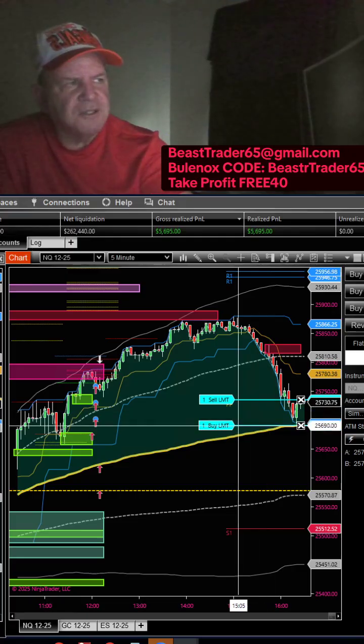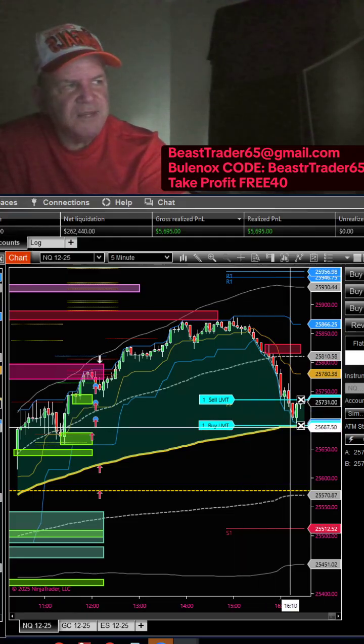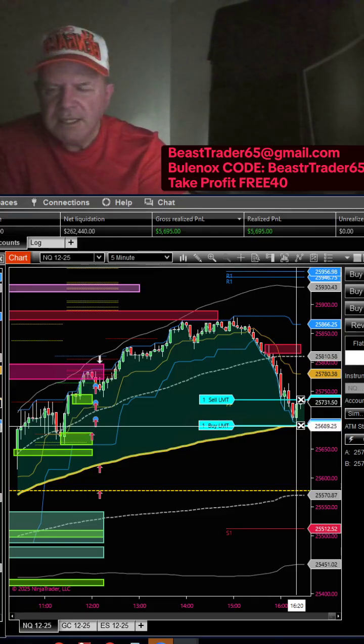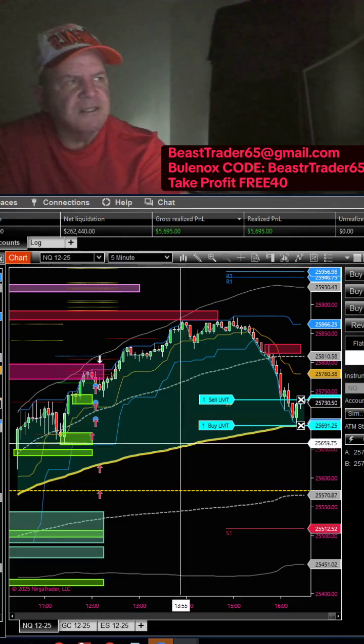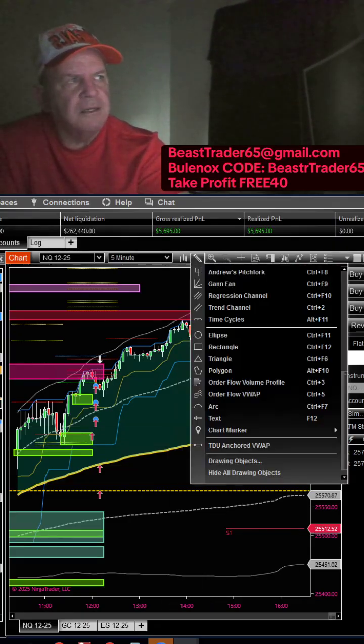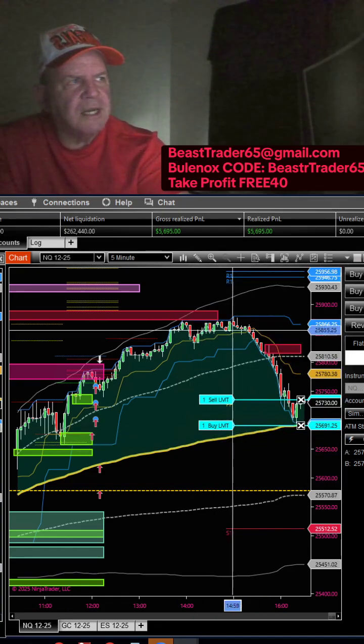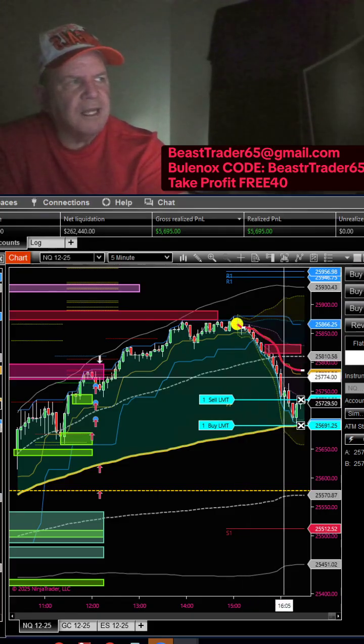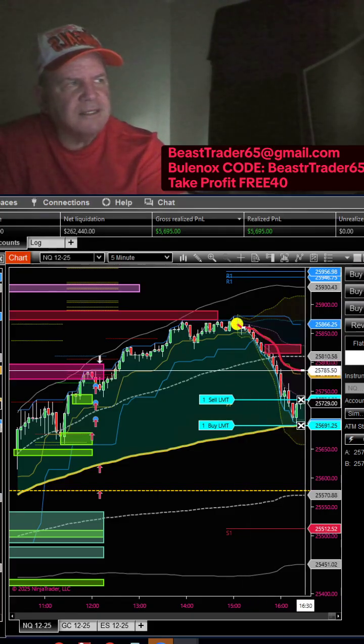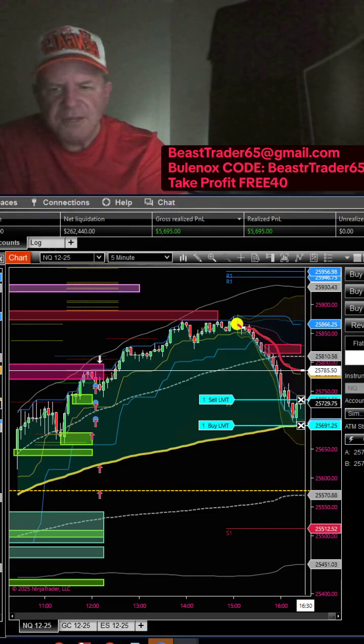The reason I took this, Ari, is this is my VWAP. VWAP is the volume weighted average price of the market for the day. If I put an anchored VWAP on here, which I can show you real fast, here we go. If I put an anchored VWAP right here, look at that. There's another level. That tells me to take a sell. That's another VWAP.